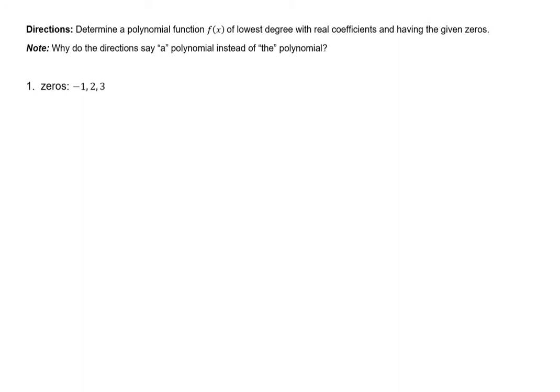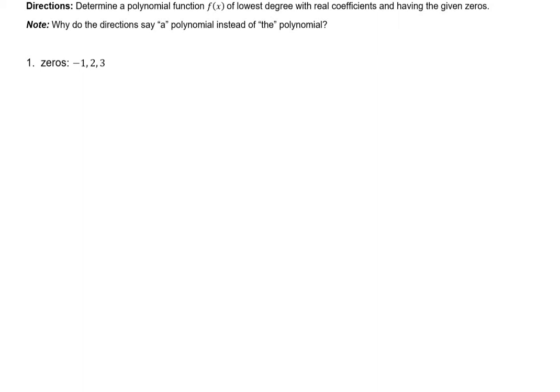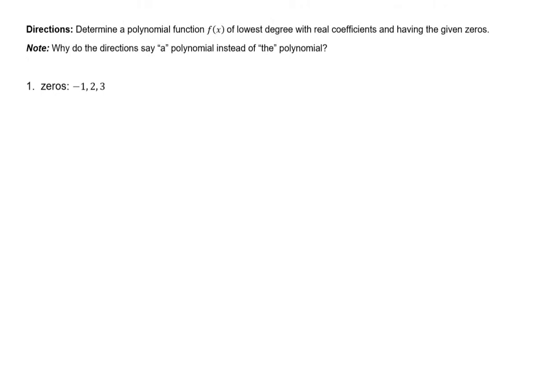My directions say to determine a polynomial function f of x of lowest degree with real coefficients and having the given zeros. One thing I want you to notice is that my directions say to determine a polynomial and not the polynomial.